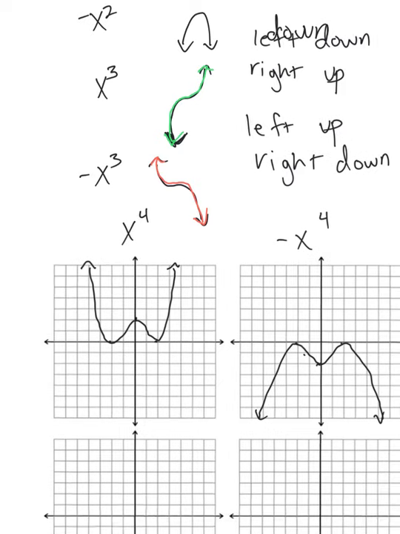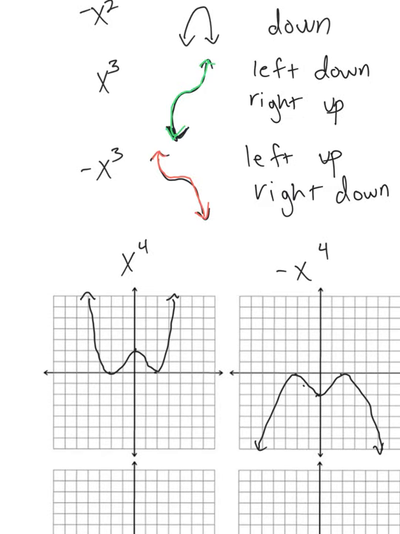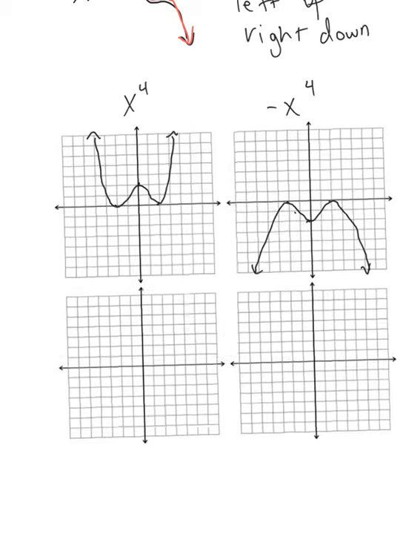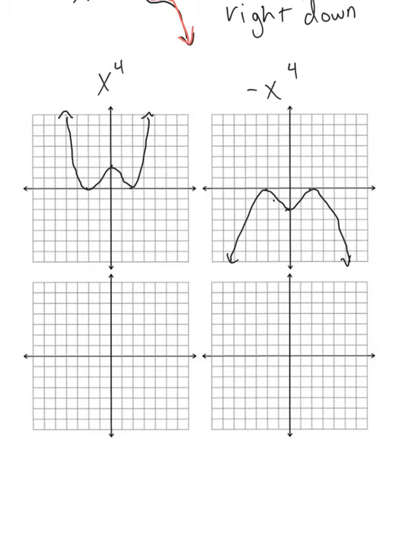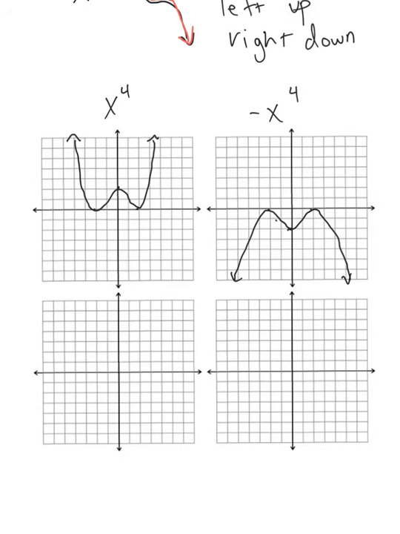So then, thinking about our next part, let's talk about x to the fifth. Remember, since it has an x to the fifth, that means there are 4 humps.